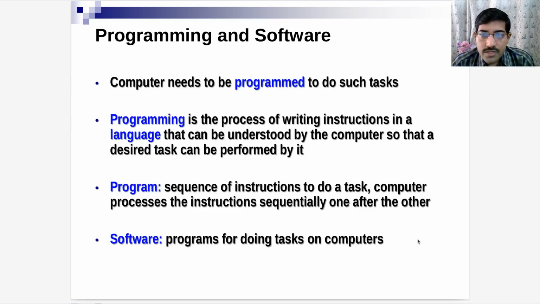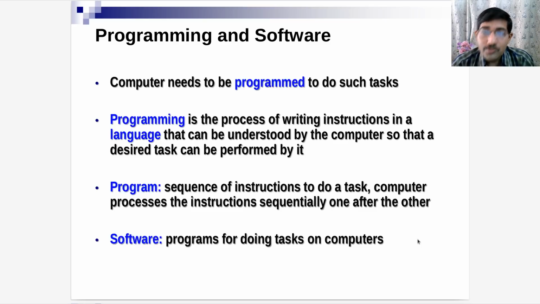So this is a summary of what a program and software are. Since you already had a flavor of it, programming is a process of writing instructions in a language that computers understand, just like your mother tongue. Whoever speaks in your mother tongue, you can easily understand. Computers essentially understand machine language only, in binary. But to our benefit, there are system softwares which help us in this process.